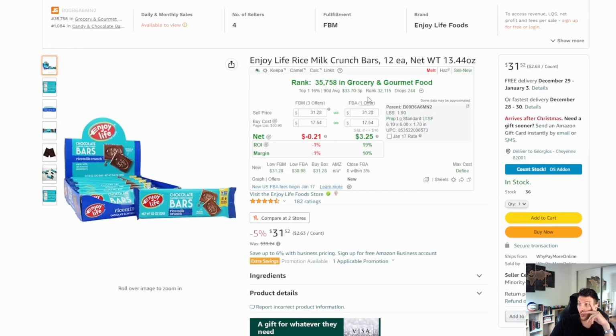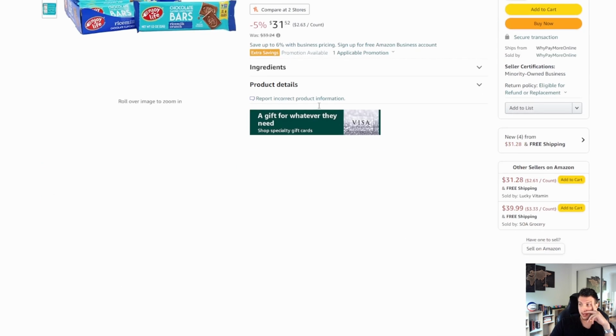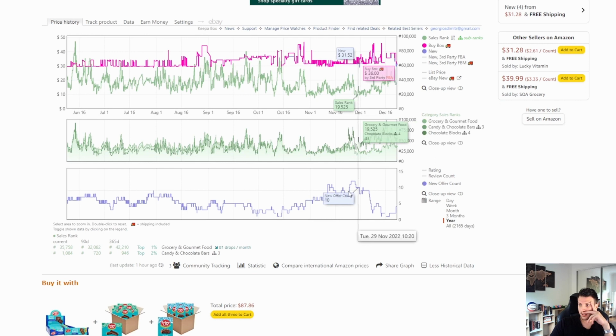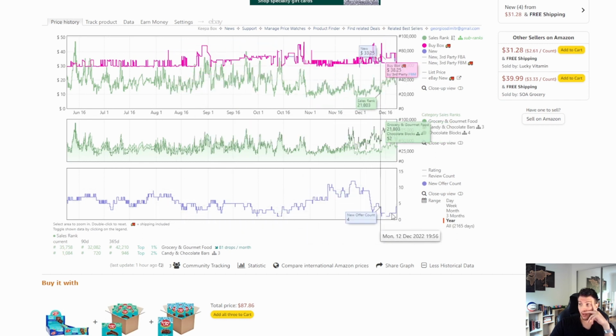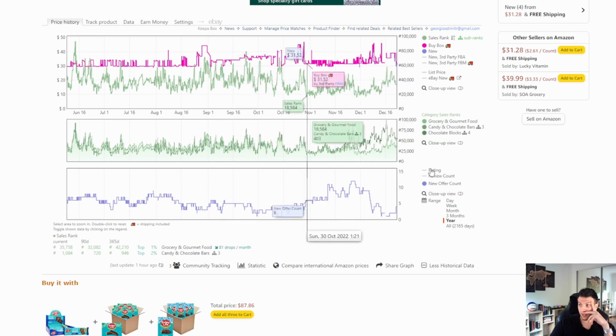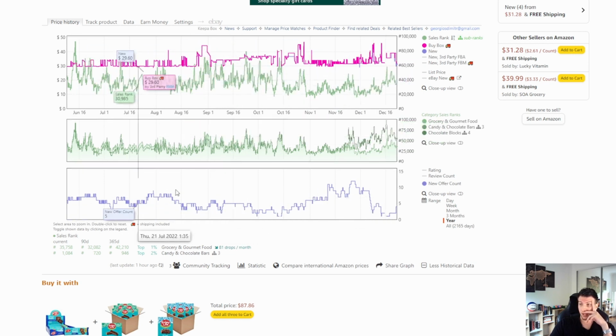There's only one competitive FBA seller at the moment, and there's 3 FBM sellers. Historically, it hasn't gone too high. The most it's ever gone is really like 12 sellers, and it's low at the moment. It's been low for the last month, but it's not a number to be scared about.